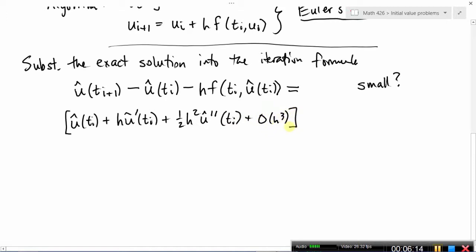There's the first few terms, minus u hat ti, minus h f of ti, u hat ti. And now you see that the u hat of ti's cancel out.